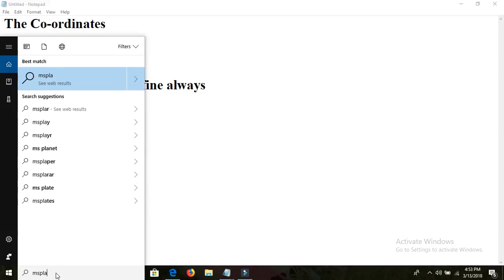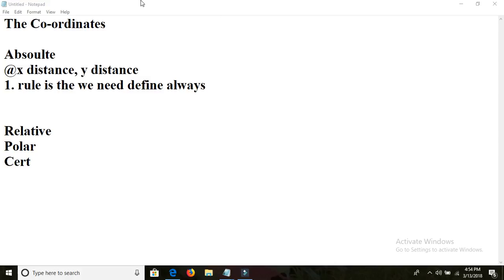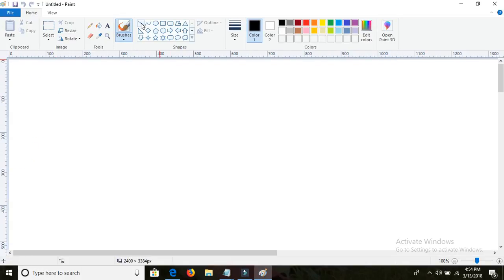I'll open MS Paint. Here you can see a line I drew, and I have another line here like this.